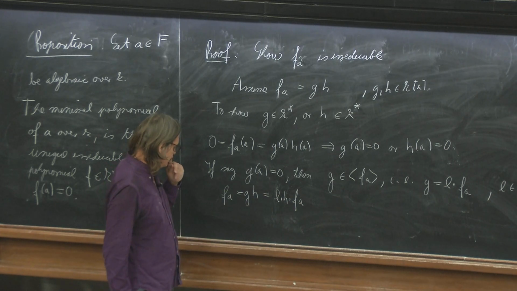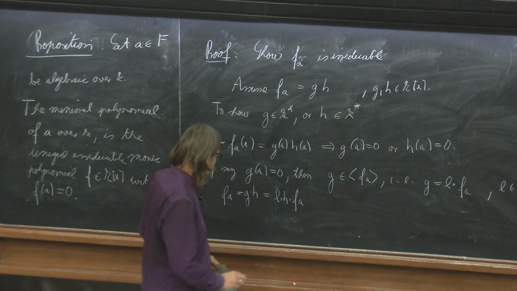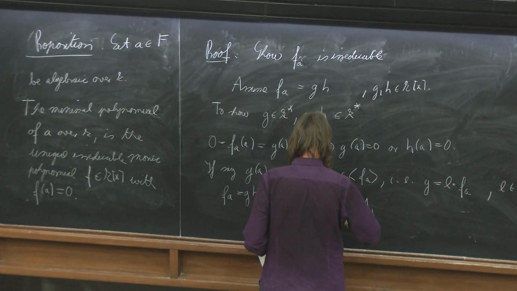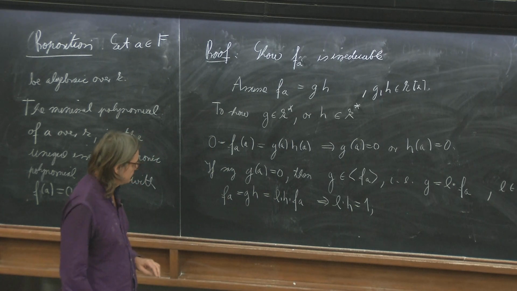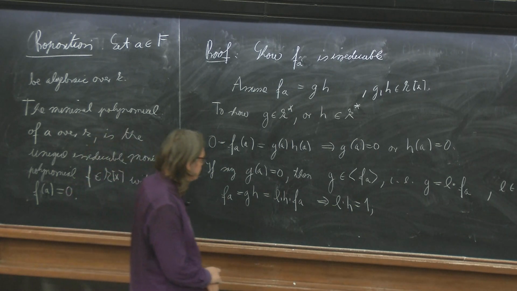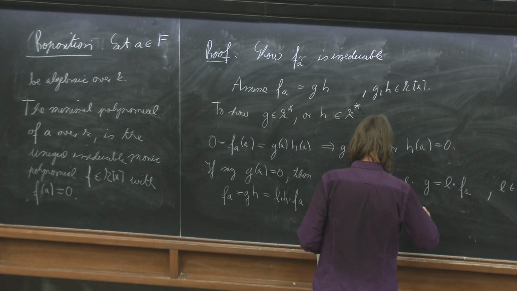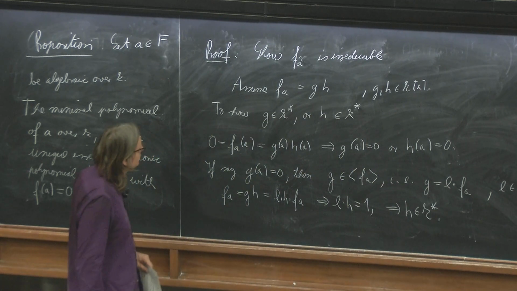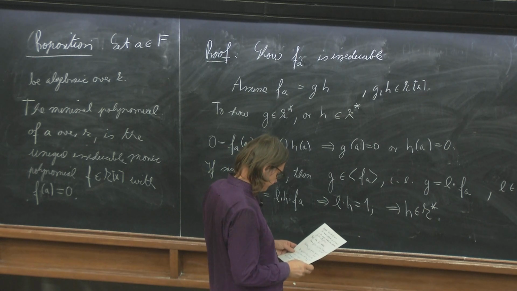We are in an integral domain, so it follows that l times h is equal to 1. And so it means that both l and h are non-zero constants. So in particular, our h is in K star. Okay, so this shows that f_A is indeed irreducible.